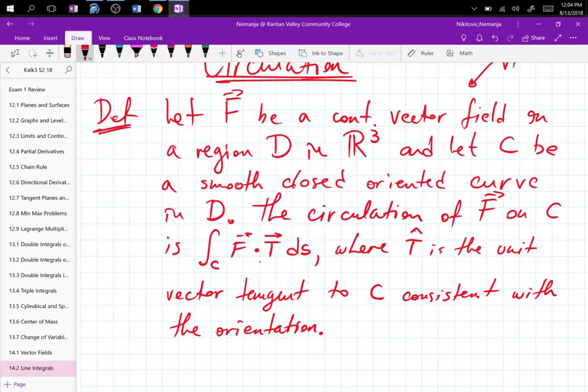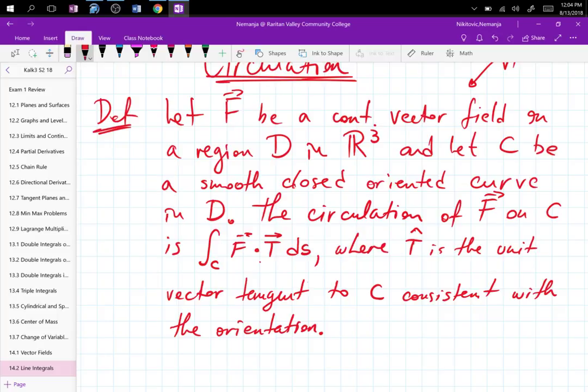So you have some curve C, and you drop a particle or an ant on it, and the parametrization will show which way it's going to move. So it's a closed loop system. It's smooth, which means differentiable, continuous, all that cool stuff. And then oriented, meaning it's parametrized.